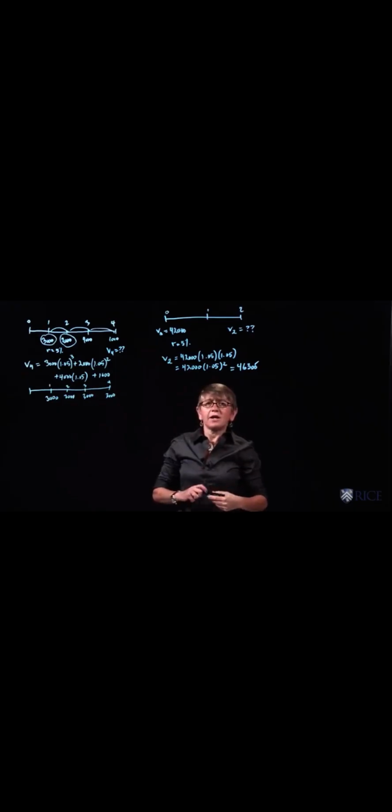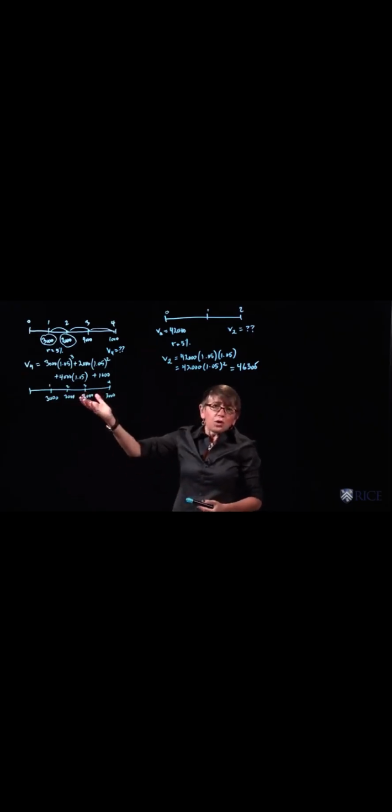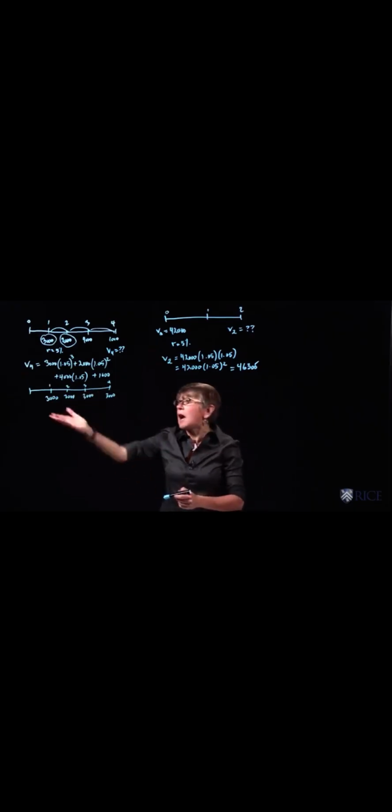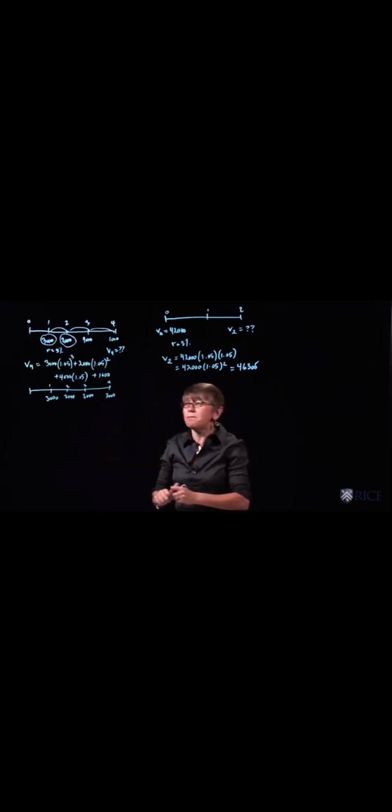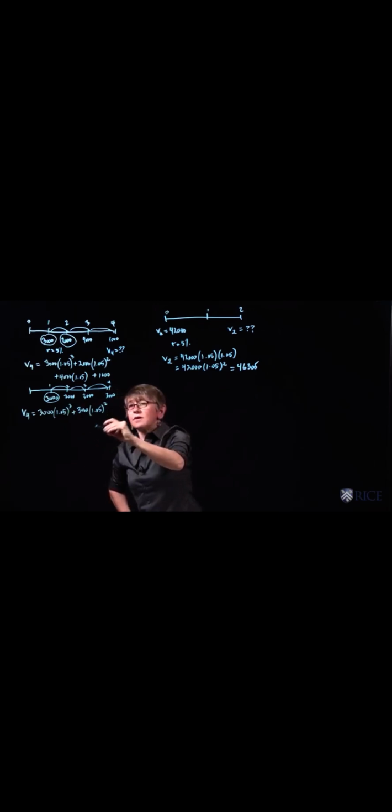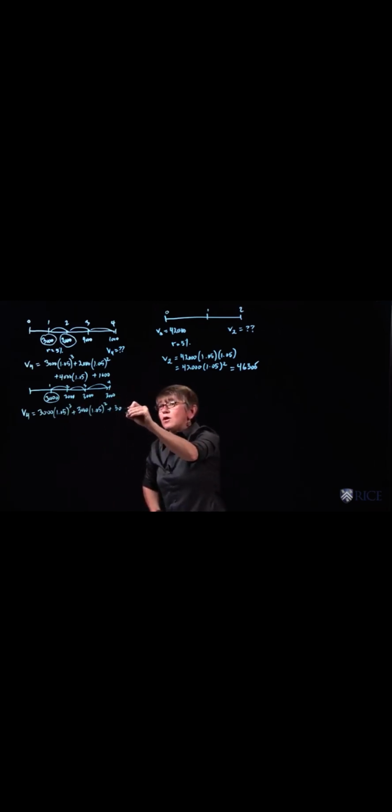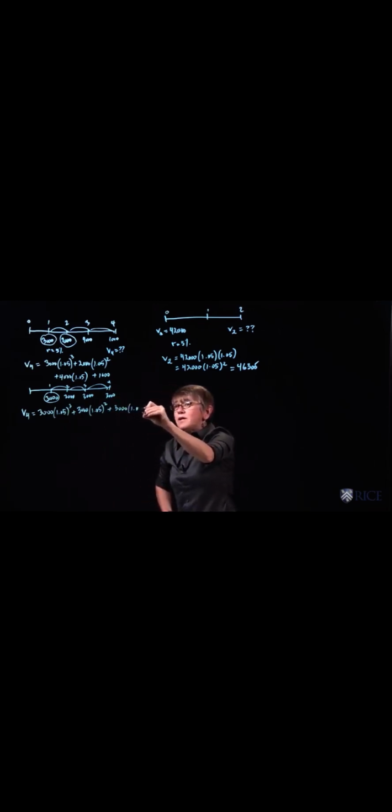Well, we could do the same thing. We could compound each cash flow and then add them up. So I'm going to compound this cash flow for 3 periods, the second one for 2 periods, the third one for one period, and then the last one.